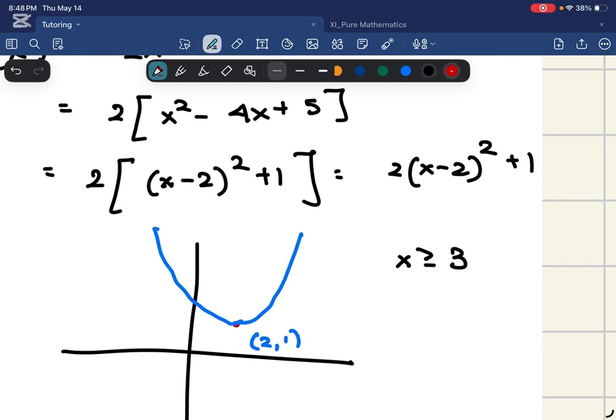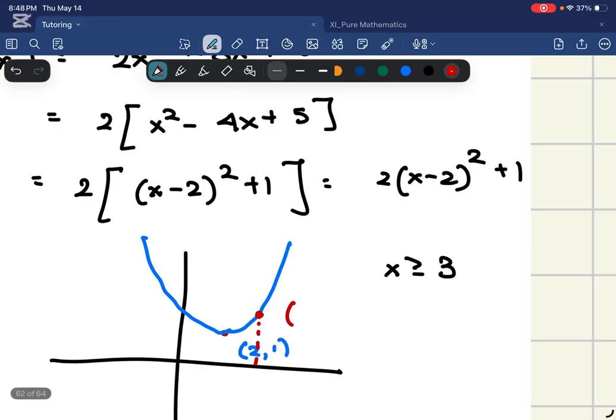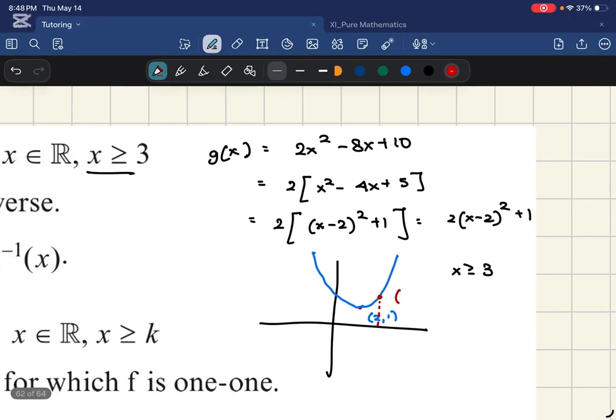So for this domain restriction, if x is 3, then I have a point here. I think 3 comma 3. If you put 3 here, 3 squared is 9, 9 times 2 is 18, minus 8 times 3 is 24, plus 10.